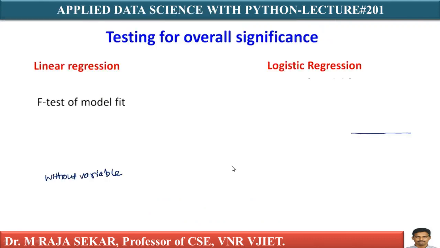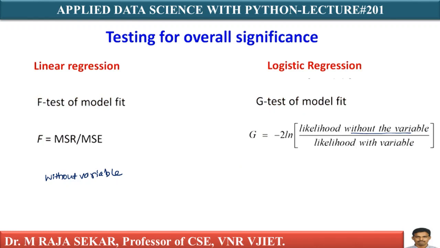Without the variable, from the previous slide, the value is minus 5.0040, approximately minus 5. What about likelihood with variable? Referring to the previous slide, minus 4.0432, approximately minus 4, isn't it?